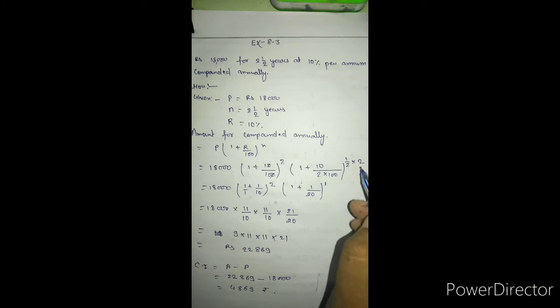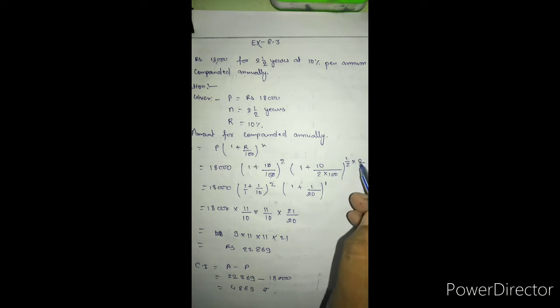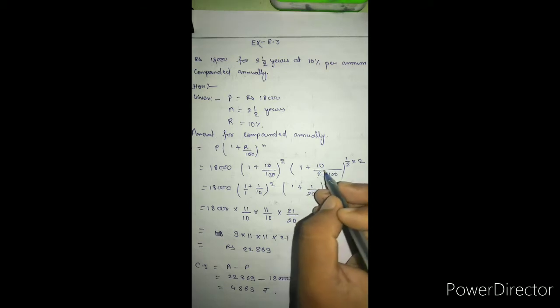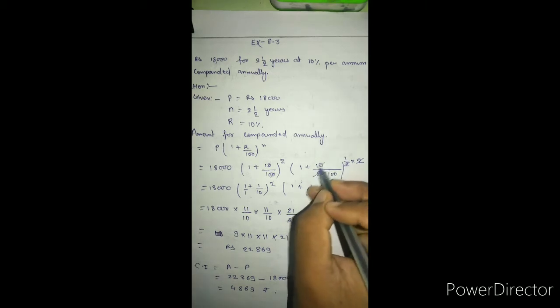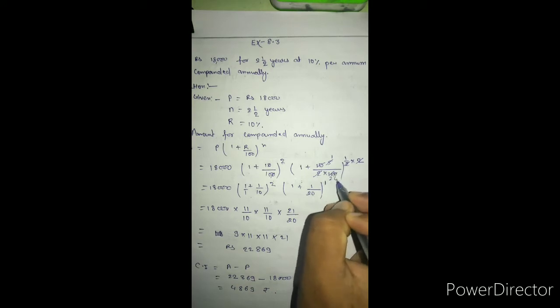The digit by which you multiply the number of years, by the same digit you have to divide the rate. That's why I multiplied 1 by 2 by 2 to cancel the 2 and 2, and so I have divided the rate by 2. So now 2 and 2 cancel, 2 5s are 10, 5 1s are 5, 5 2s are 10, it is 20.